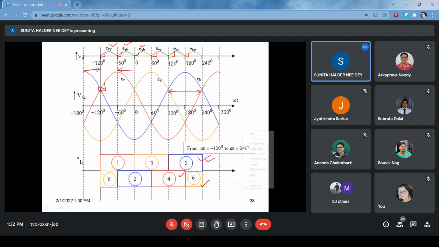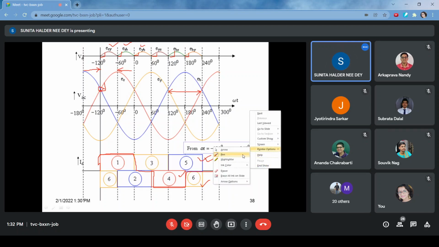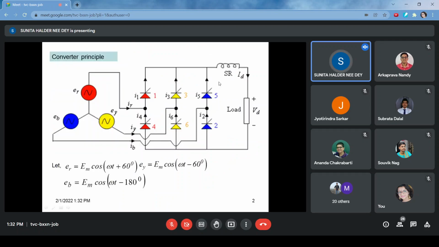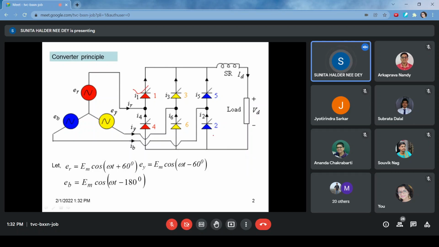And one more thing, on the load side, always one DC current will flow. But through the thyristor in the R phase, this is the current, right? So in the transformer secondary of this circuit, when this R phase is operating, for example this and this, then for the load on the DC side, always the DC current is flowing.